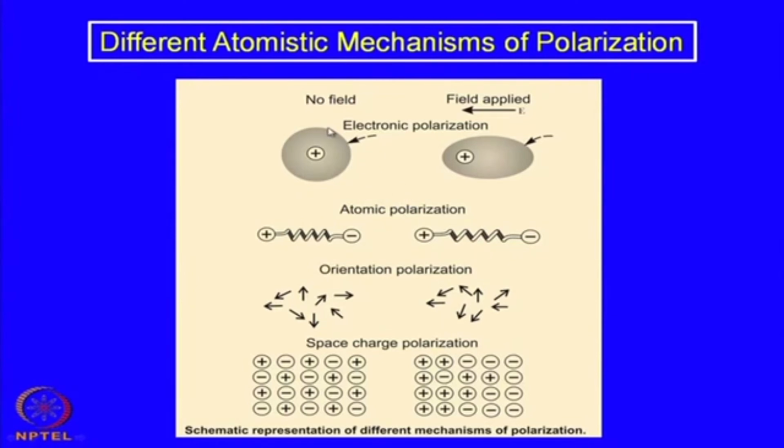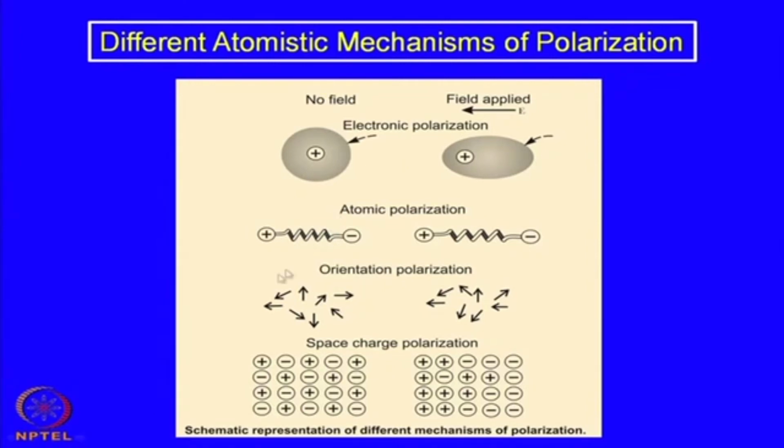The first one is called electronic polarization, the second one is called atomic polarization, the third one is called orientation polarization, and the fourth one is called space charge polarization.